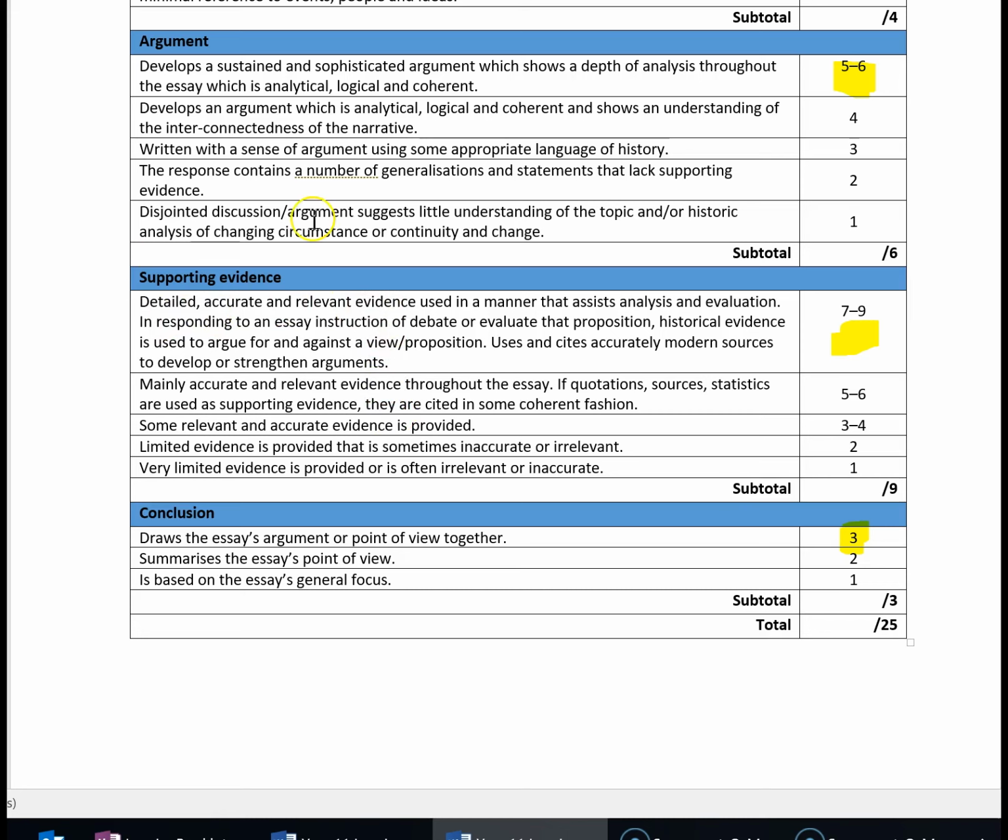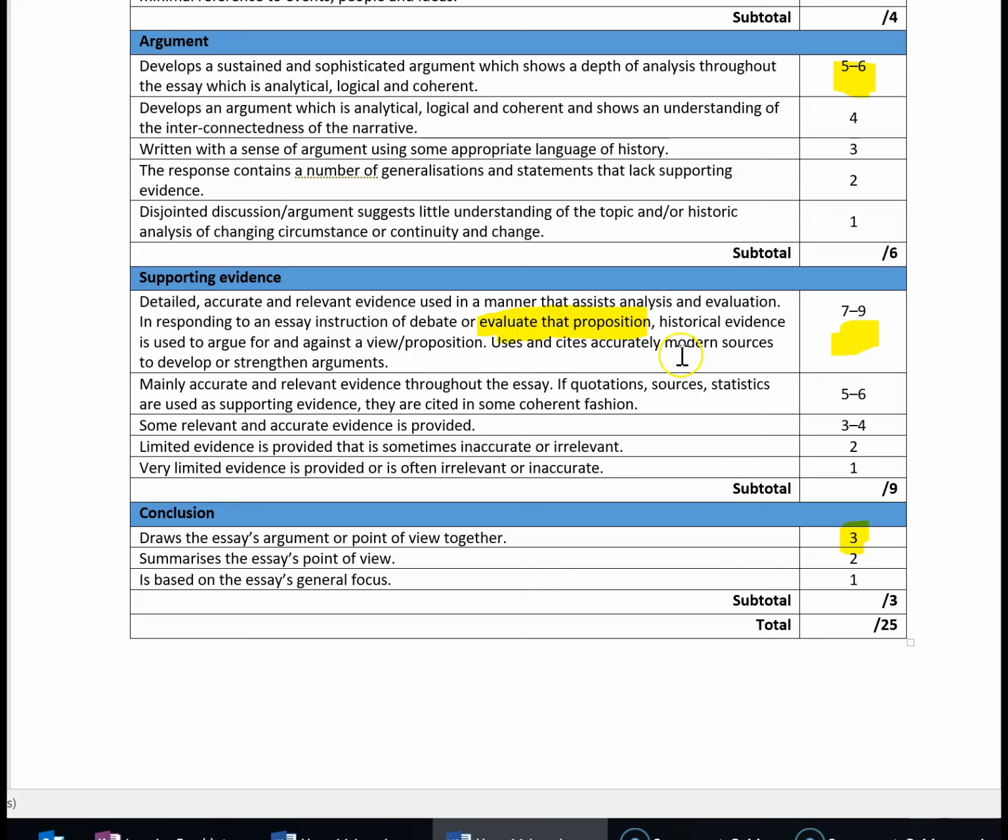So you'll see that there. At the top, if you get a good argument, it's sophisticated, it shows a good depth of analysis, and I can understand it, then you're going to go at the top. If you've got detailed, accurate, relevant evidence that helps this argument, that basically looks at the debate or evaluates that proposition, that's actually what you're doing: you're evaluating the proposition.